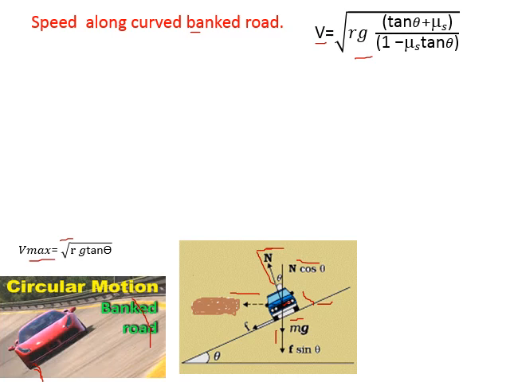Now focus your main attention here. This F is nothing but the frictional force, the frictional force between the surface of the road and the tire. In the previous derivation, we have not considered this. Now by considering this, we have to derive this formula.